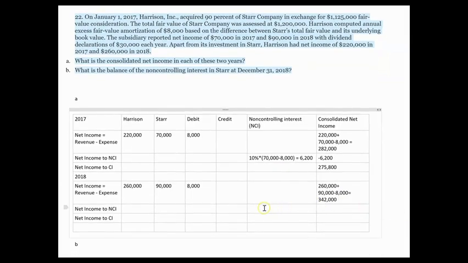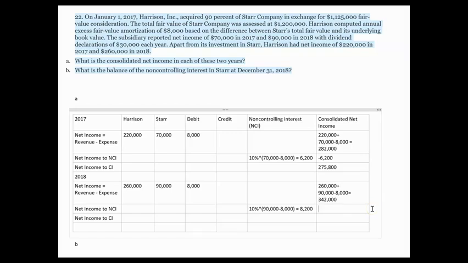Next, let me show you how much can be allocated to non-controlling interest. Non-controlling interest is going to get 10% of the income from Star. That is 10% of the reported net income of 90,000 minus the 8,000 excess annual amortization, which is 8,200.